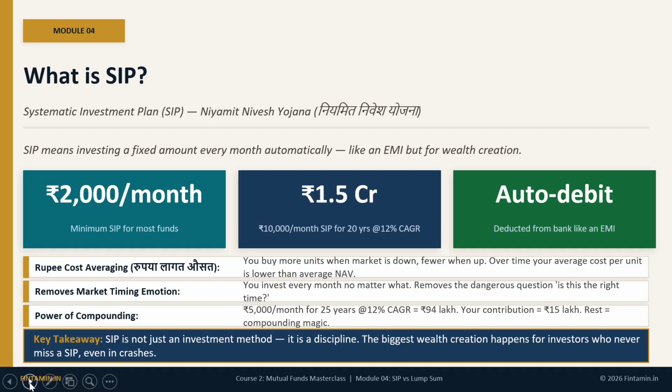A SIP of 10,000 rupees per month for 20 years at 12% CAGR grows to approximately 1.5 crore rupees. Your total contribution is only 24 lakhs. The remaining 1.26 crores is purely compounding. That is the eighth wonder of the world at work.